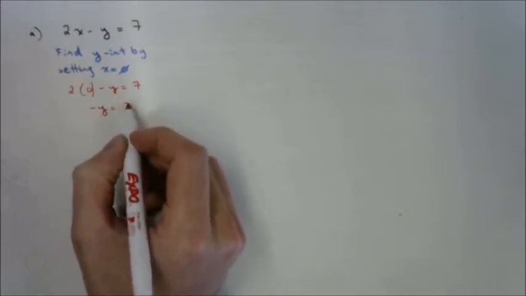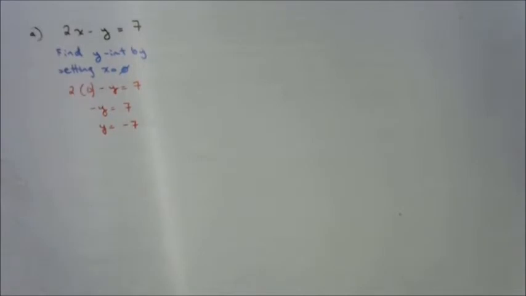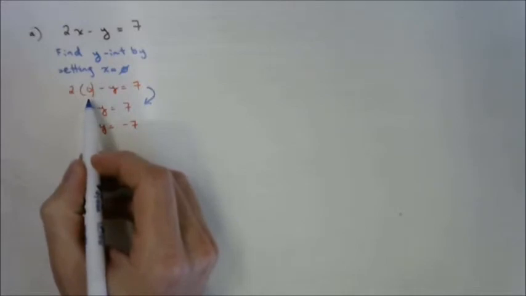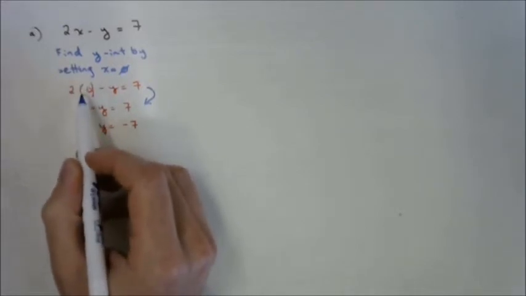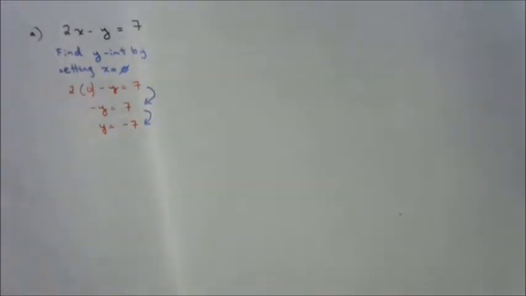Negative y equals 7. Y equals negative 7. All we did from here to here is multiply 2 by 0, which gets us 0. And all we did from here to here was multiply both sides by negative 1, or divide both sides by negative 1.